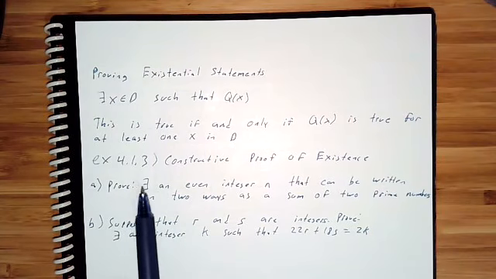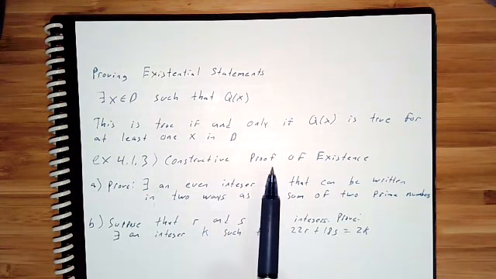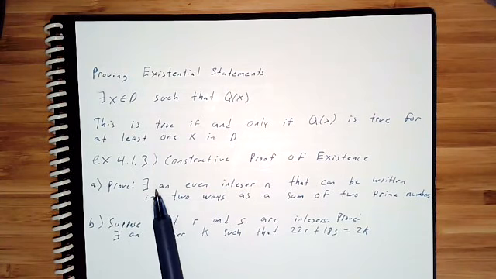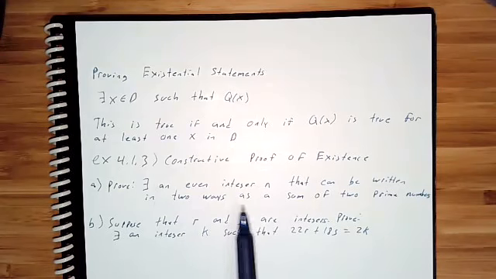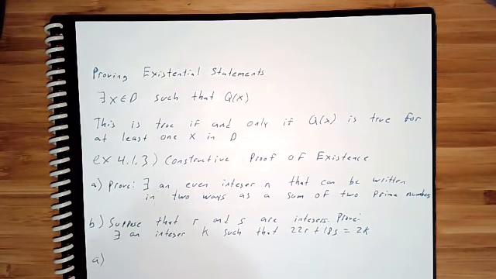So let's do this example here, constructive proof of existence. There exists an even integer n that can be written in 2 ways as a sum of 2 prime numbers. Okay, so prove that that is true. I just need to find 1, right?